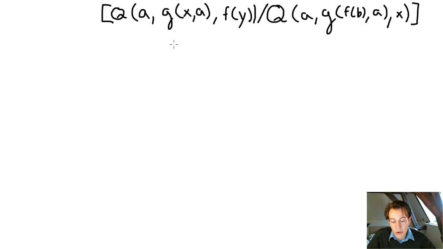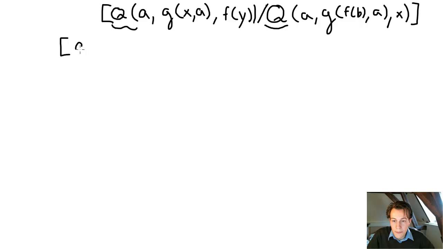So the first step in the algorithm was look at the outer formulas. So they have the same Q. And now we have to count the number of elements inside. So we have 1, 2, 3 elements over here. And we have 1, 2, 3 elements over here also. So now we can use the first rule of the algorithm.